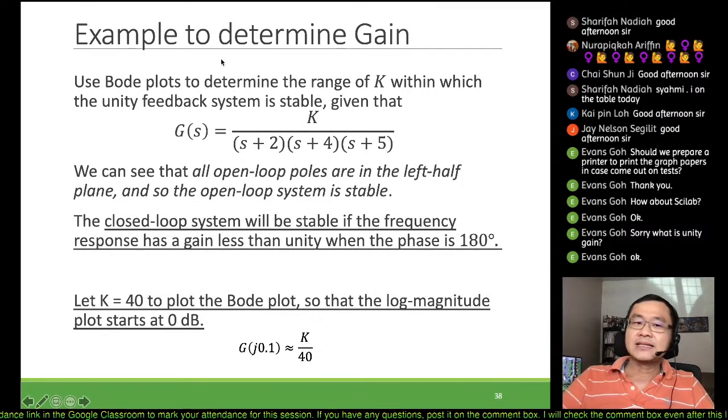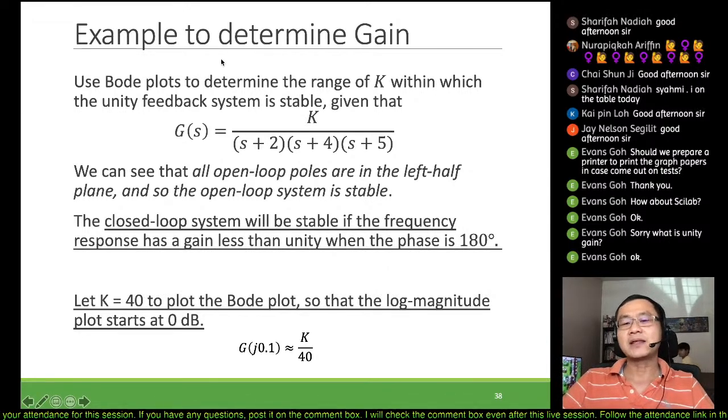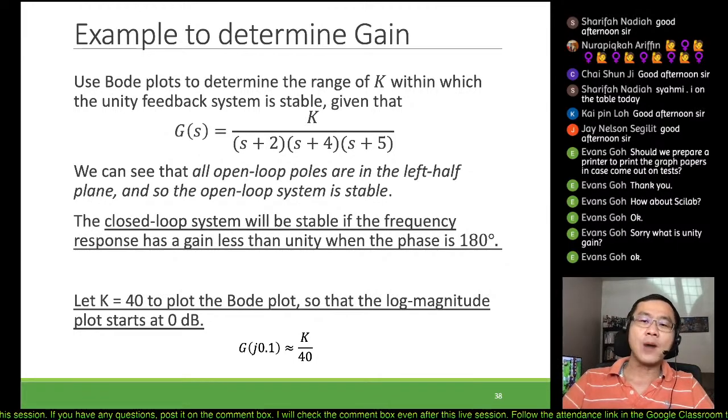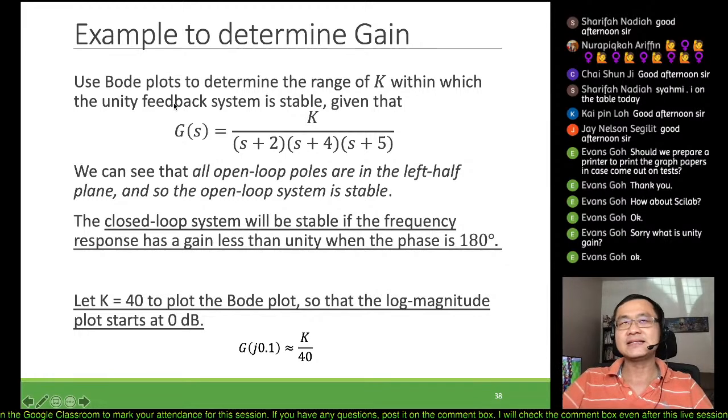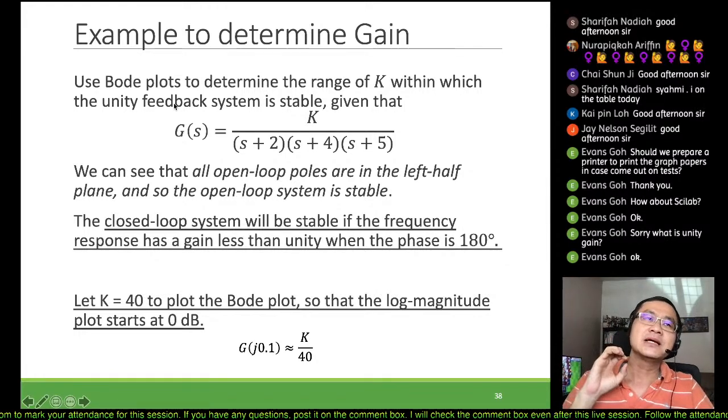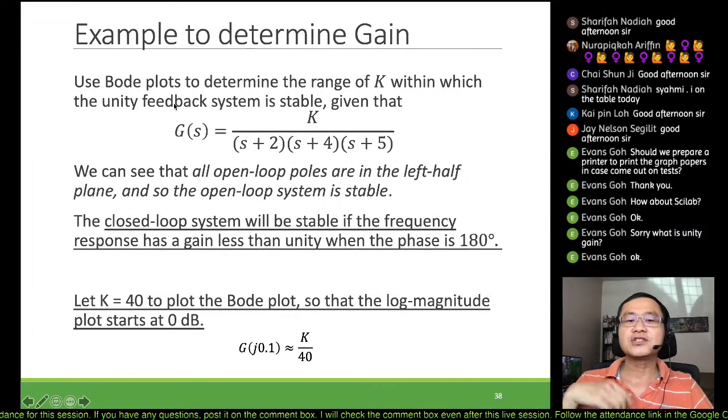So we just take these examples to quickly illustrate how we can use that idea to obtain our gain. Example to determine the gain: use a Bode plot to find the range of k for which the unity feedback system is stable. Remember, unity feedback is where the feedback loop has a transfer function of 1.